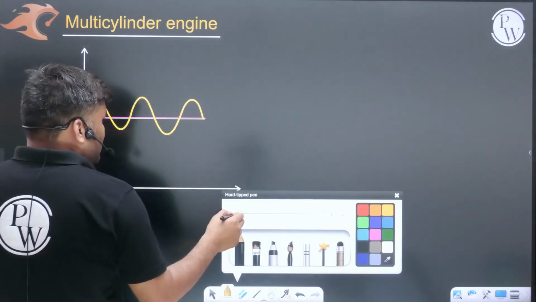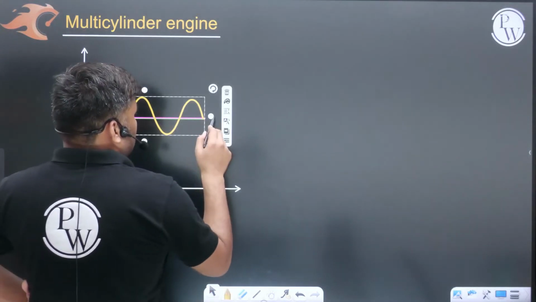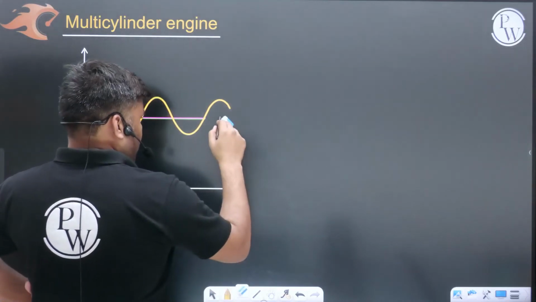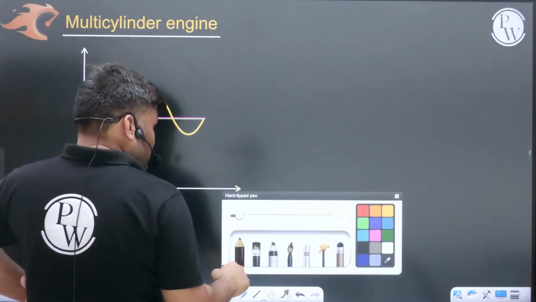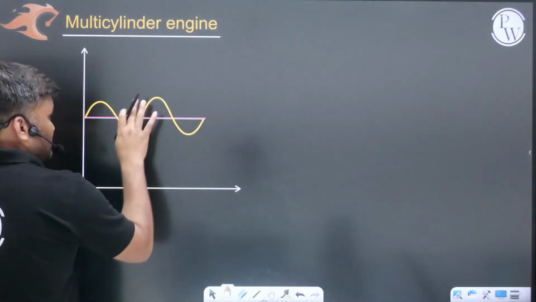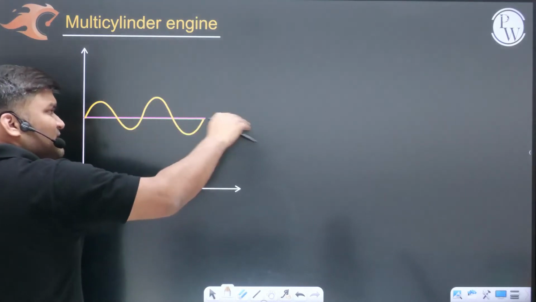Careful, careful, careful. Something like this it is given. With this yellow color I have drawn the available torque and resisting torque of the multi-cylinder engine.